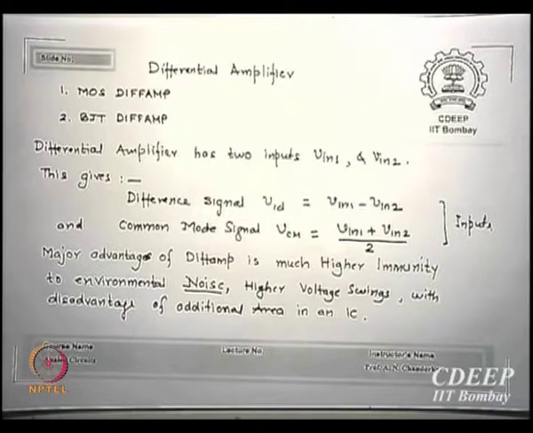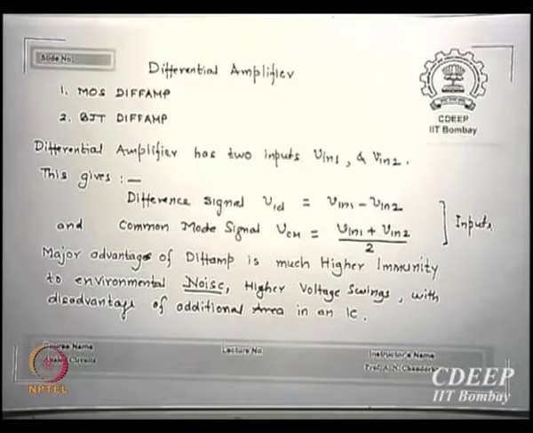I stands for input, D for difference. VID, ID are subscripts, V is the voltage. So VID means input difference voltage, which is the subtraction of the 2 inputs, V in 1 minus V in 2. So what signs can VID have?